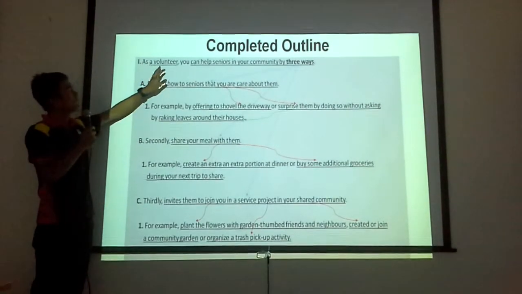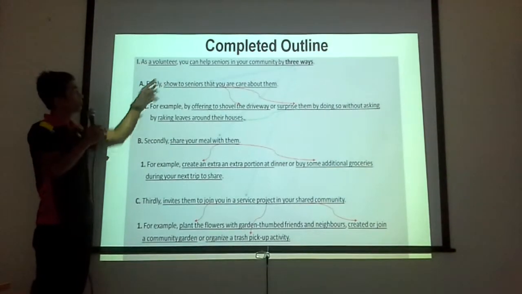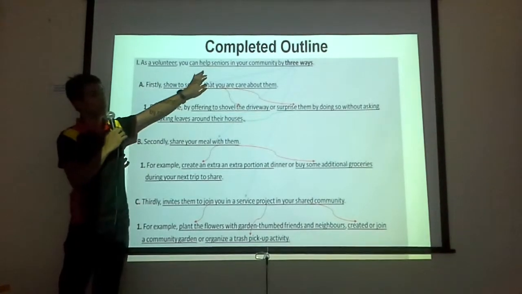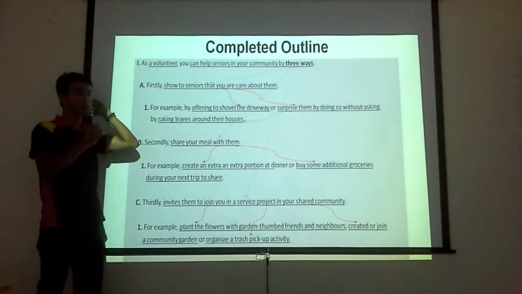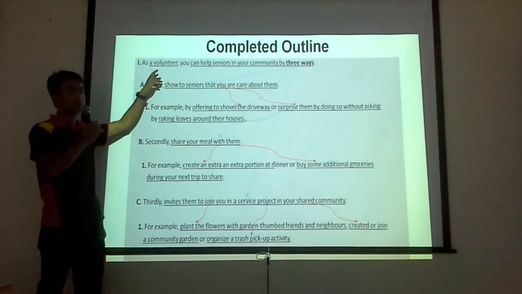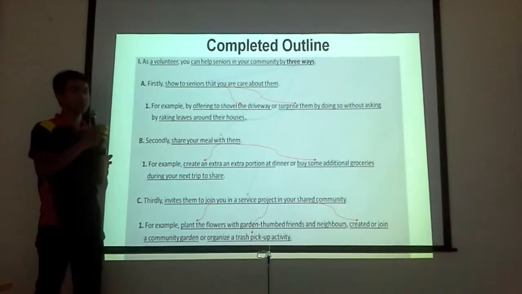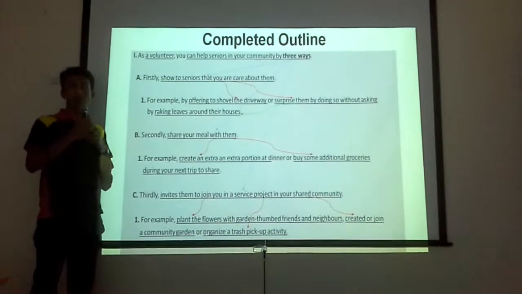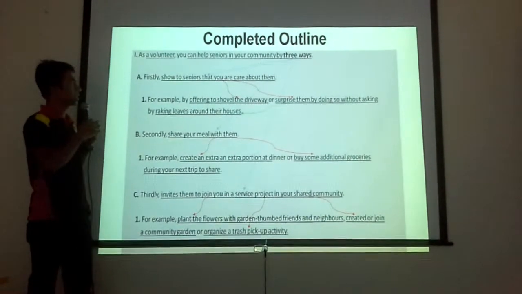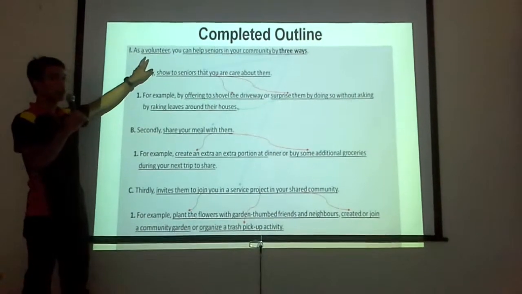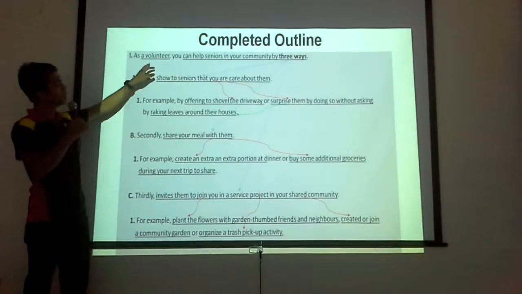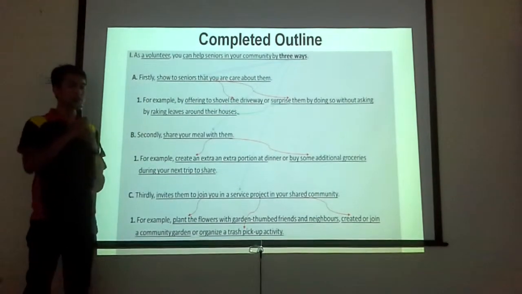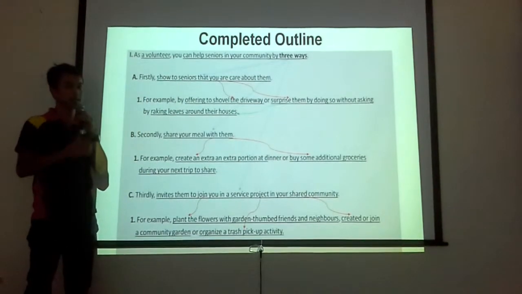It can be a topic and the controlling idea. You can say the main point or topic sentence, it is the same thing. Okay, a topic sentence should have a topic and a controlling idea. So a volunteer will be the topic and can help seniors in your community in 3 ways can be your controlling idea.